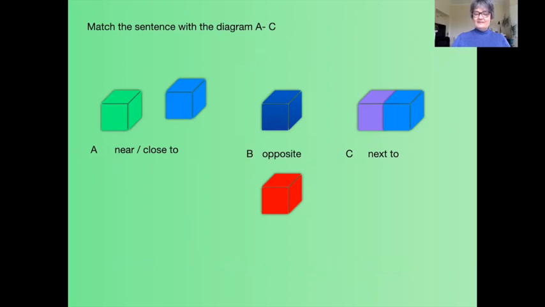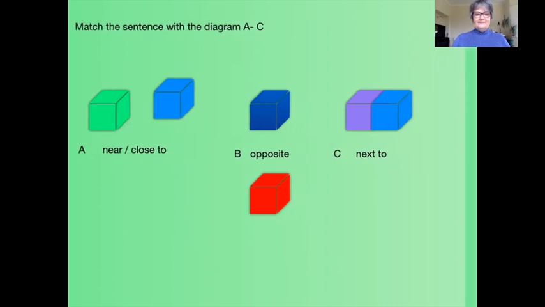Okay? Again, write the words down in your notebook. And if you want to, you can draw the diagram so that you can remember what it means. So pause the video if you need more time. Let's move on.